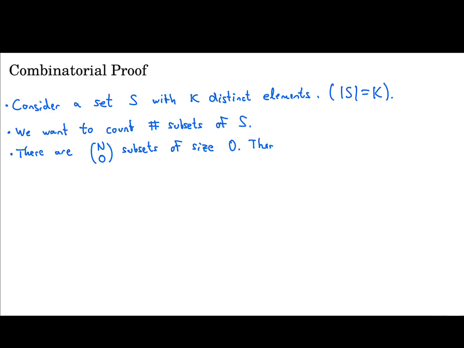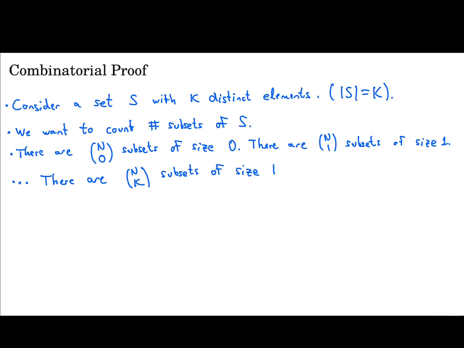Then there are n choose 1 subsets of size 1. So n choose 1, if you compute it, is just going to give you n, so there's only n different subsets of size 1. And you can continue doing this, and you'll have that there are, in general, n choose k subsets of size k.